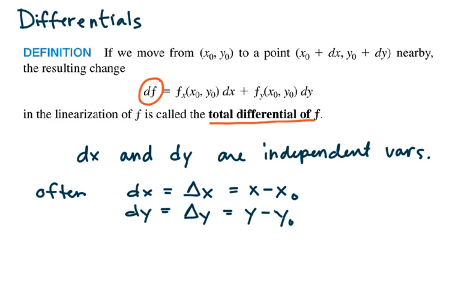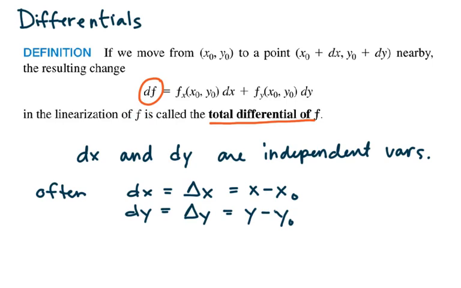It's calculated by taking the partial with respect to x at the point times dx, plus the partial with respect to y, evaluated at the point, times dy.